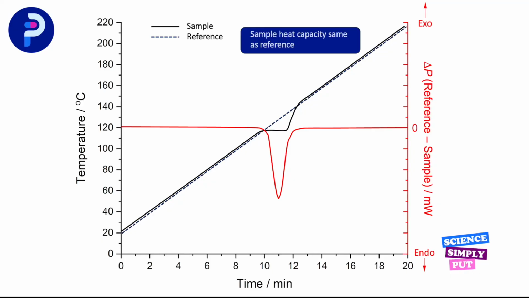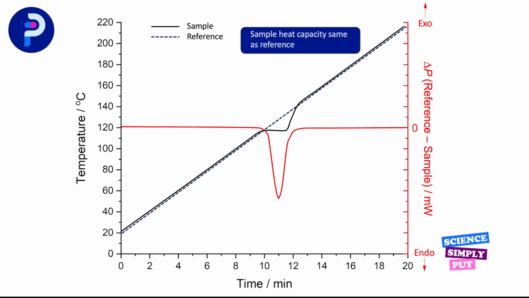And while the sample is melting, it is clearly not doing that. The instrument therefore has to do something to get the temperature of the sample back to where it should be. And it does this by increasing the power being supplied by the furnace to drive the sample temperature back to that of the reference.